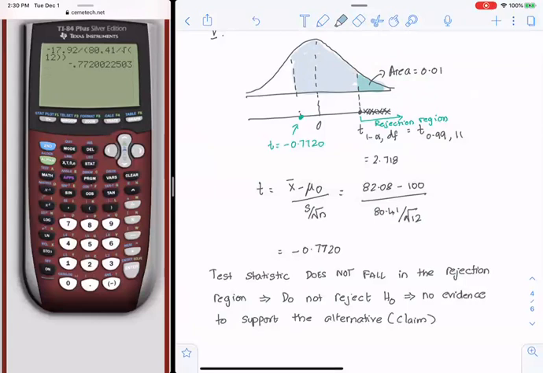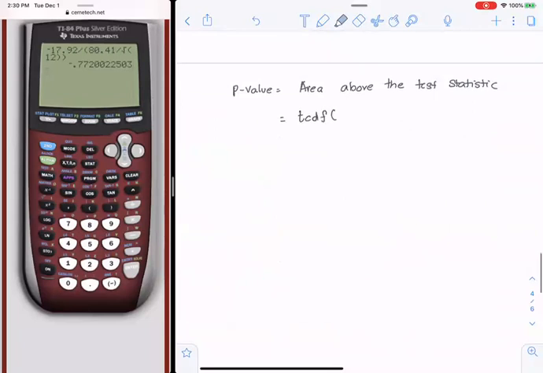Clearly, just by looking at that picture, we know the p-value is going to be bigger than the alpha. The alpha is in teal, it's about 0.01, and the p-value is the gray or bluish gray area. Clearly that area is bigger than the area in teal.